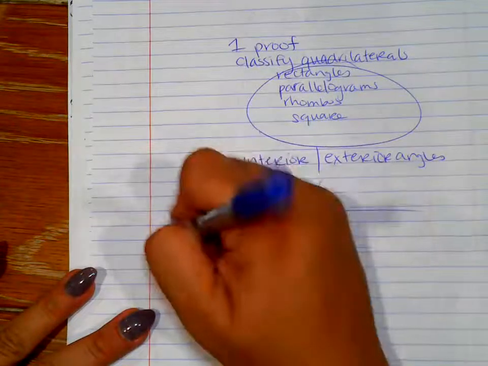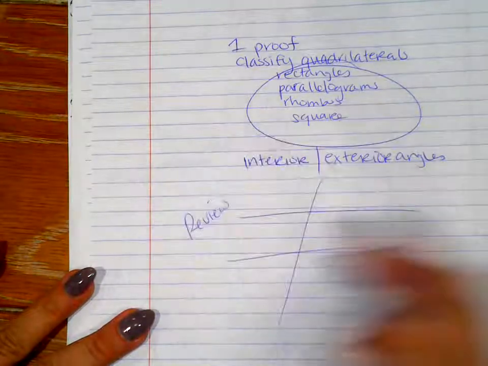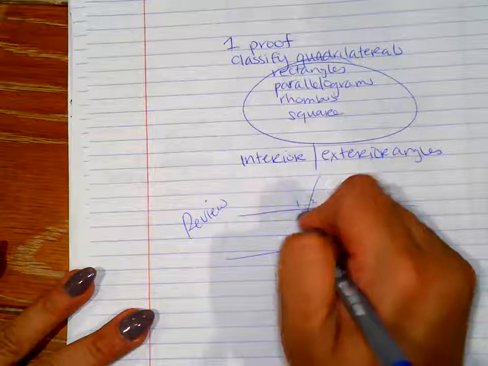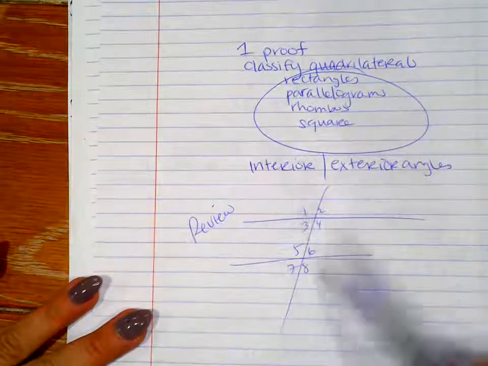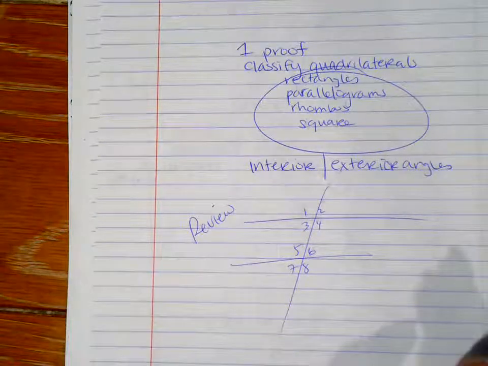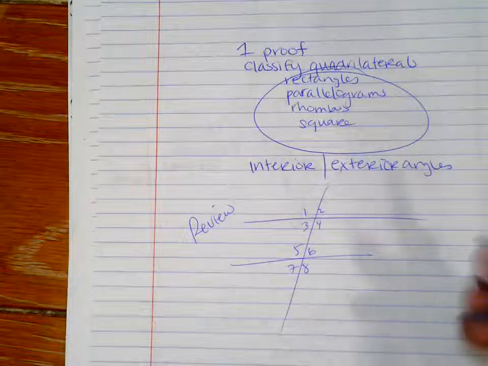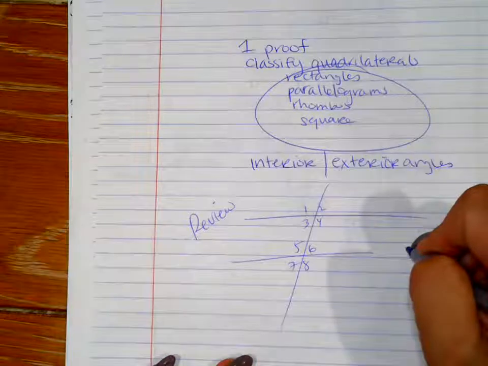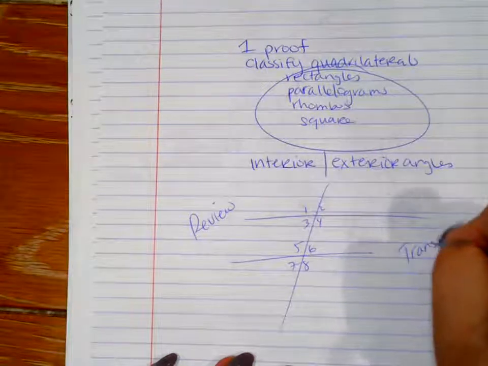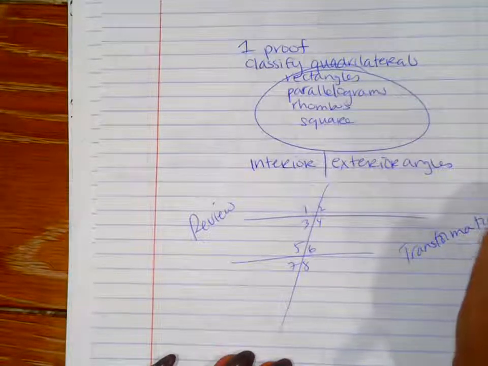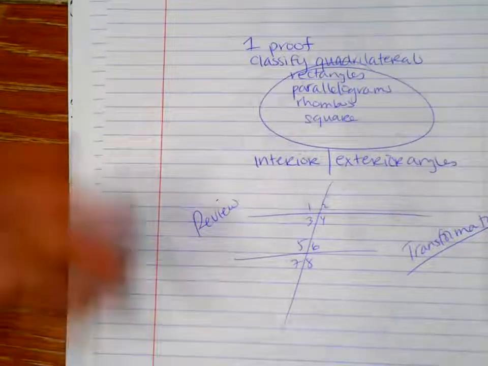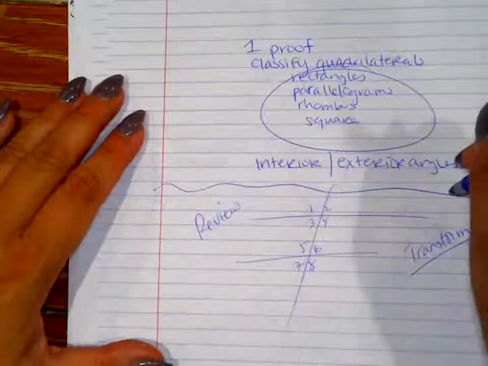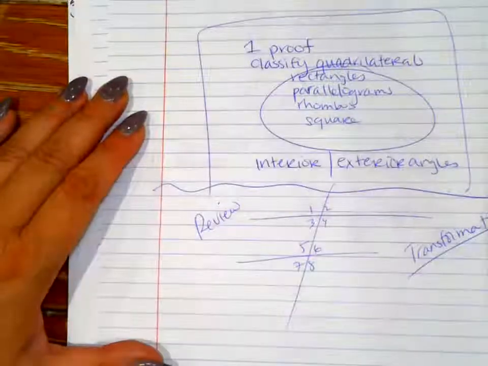So review, we have parallel lines and transversal. Which ones are linear pairs, alternate interior, alternate exterior, that kind of stuff. I think there is a transformation one. So again, review, and it has to do with notation, if you had to rotate it 90 degrees, that kind of stuff. But those are the review. There's the bulk of your test.